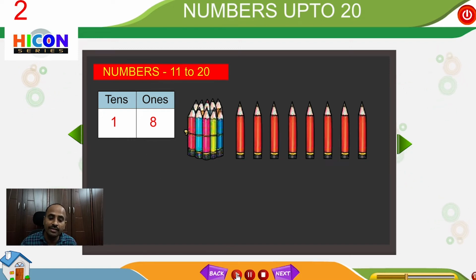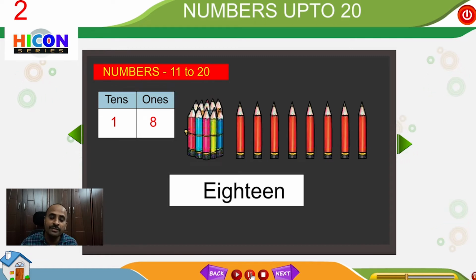And we can write this 18 in words like this: EIGHTEEN. So children, this is the number 18. So let us go to the next number.